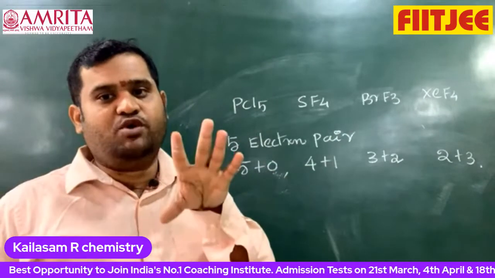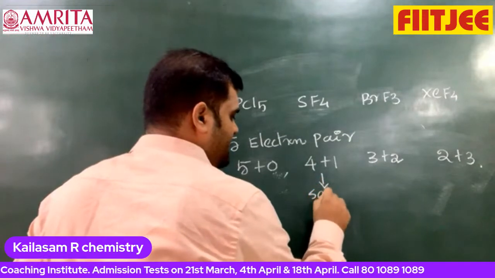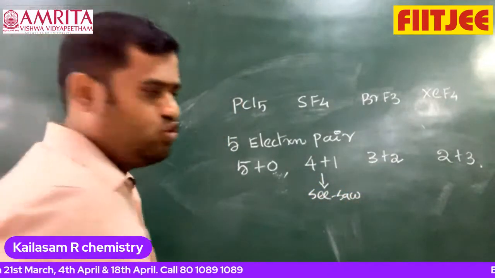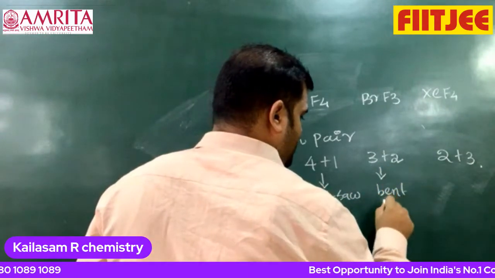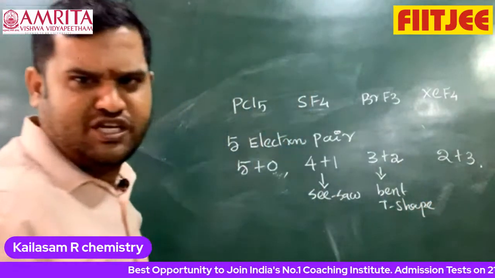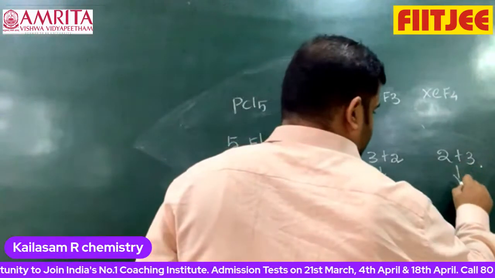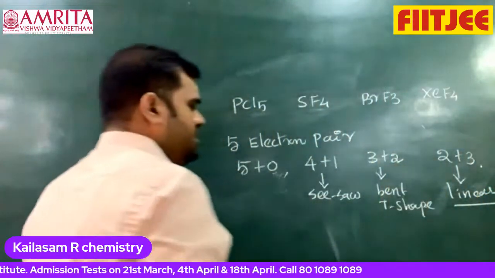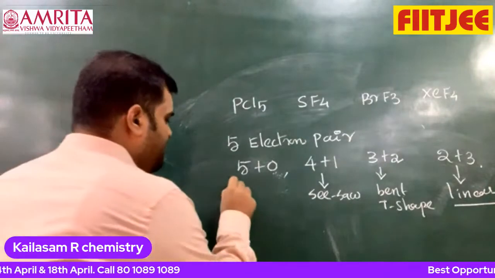What shape will you get? When 4 plus 1, it is seesaw. If it is 3 plus 2, it is a bent T shape. And 2 plus 3 is linear. We have just discussed 5 plus 0. 5 plus 0 means trigonal bipyramidal.